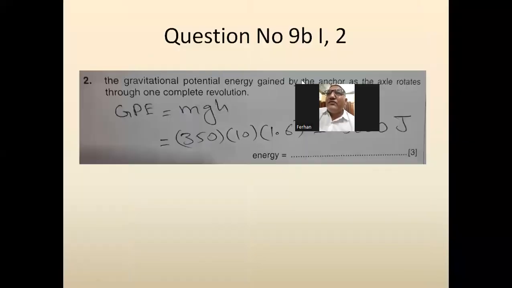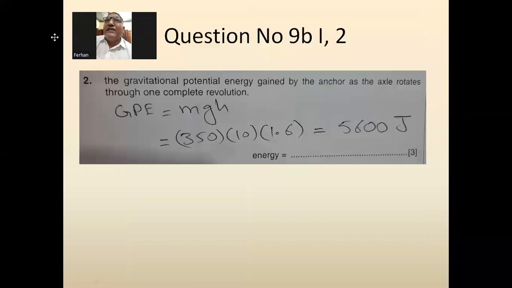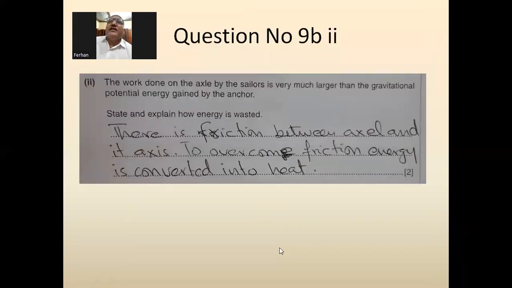So let's check the answer which I gave, and then we'll check it from the marking scheme. There is friction between the axle and its axis. To overcome friction, energy is converted into heat. I have only given one reason. There could be other reasons also.